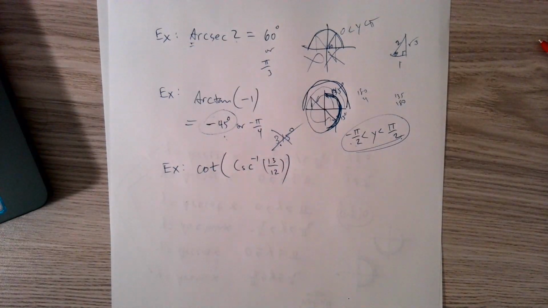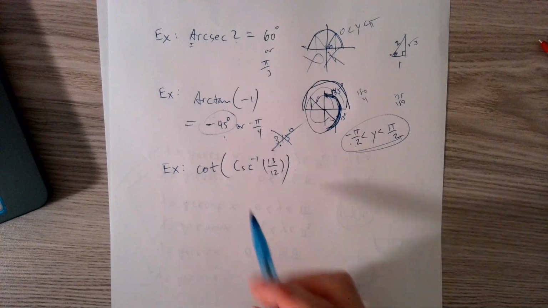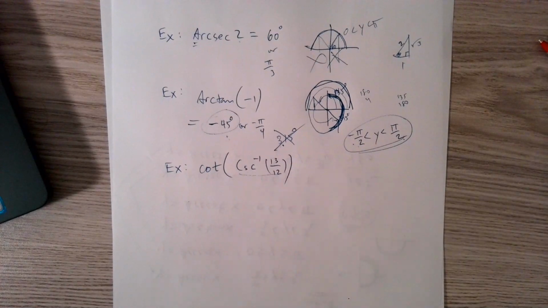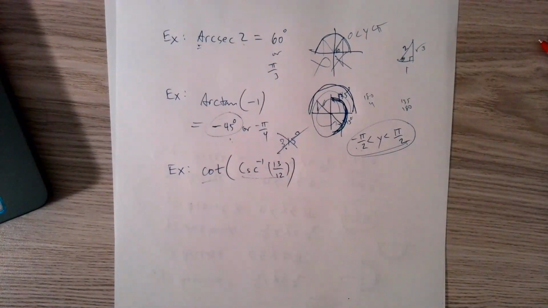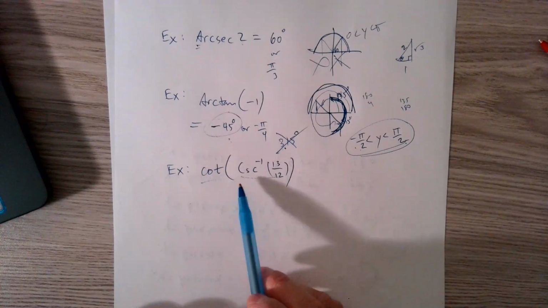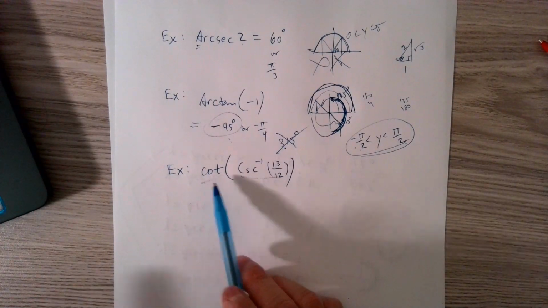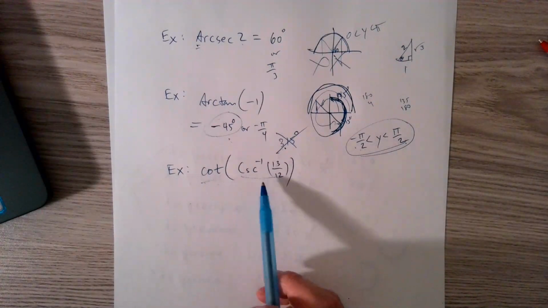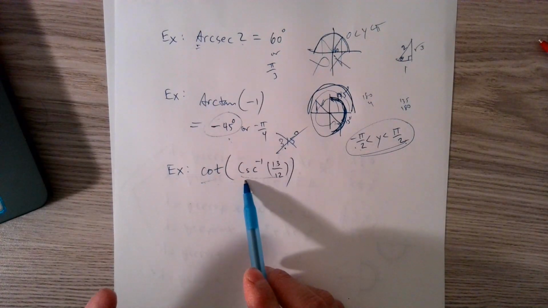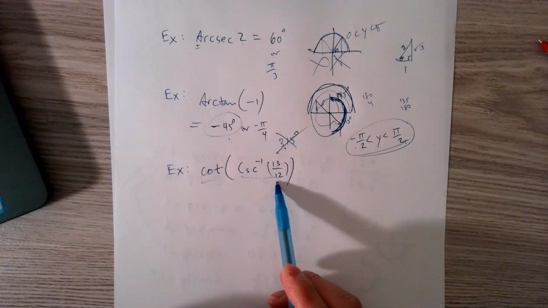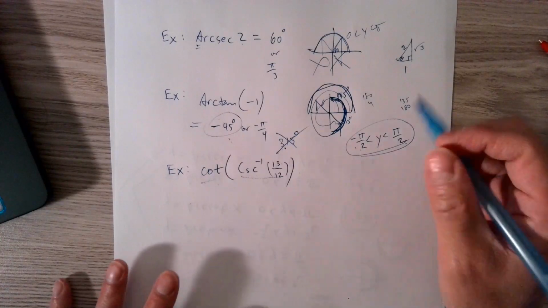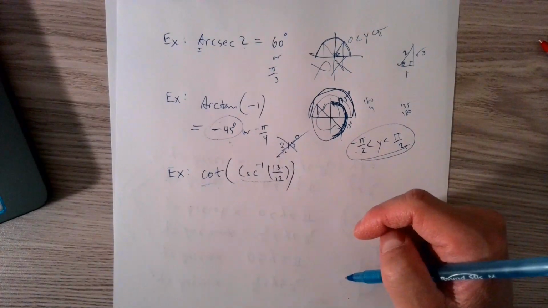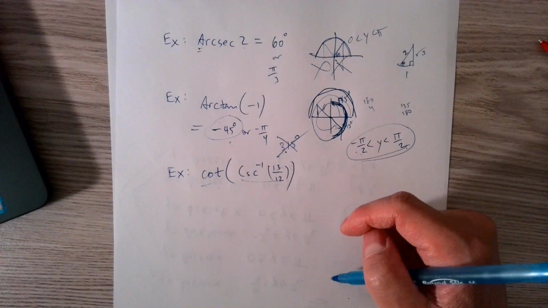Okay, so now we're combining our inverse trig function with a regular one. So we're looking for the cotangent of an angle. What angle? The angle that has the cosecant of 13 over 12. Okay, so best thing to do in this case is draw the triangle first.